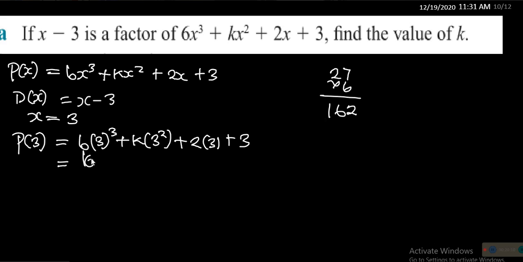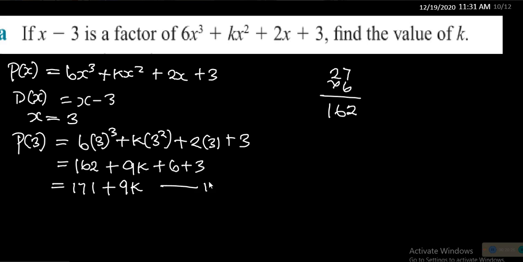So this is 162 plus 9k plus 6 plus 3. And this 6 plus 3 is 9, so 162 plus 9 is 171, plus 9k. Okay, let's call this equation 1, p of 3.